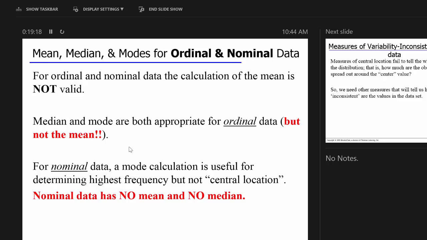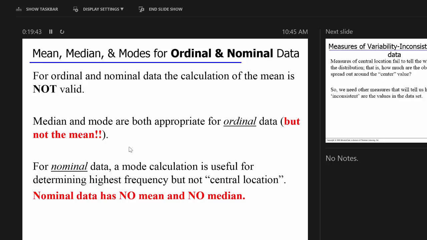So for the nominal data, you can't compute the mean, you can't compute the median because categories are not ordered. Okay? The only thing that you can report is pretty much the most frequently encountered class, right? So you can report the mode not as a center but as the most popular response, right? Out of all of your categories, but that's about it. There is no mean and there is no median.